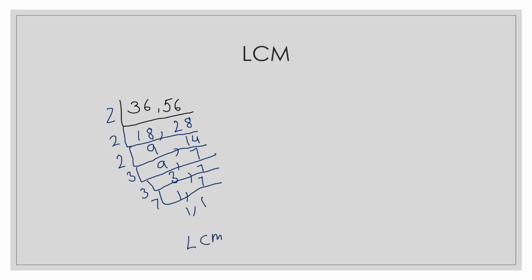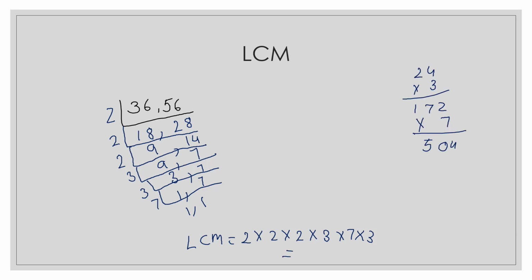So the LCM is going to be 2 into 2 into 3 into 7. Is it right? See how many times 3 you have written. Oh, sorry. Right. Okay. Now I'll multiply. Yeah, you multiply it and get the answer. So is it okay? Yeah, this is fine.